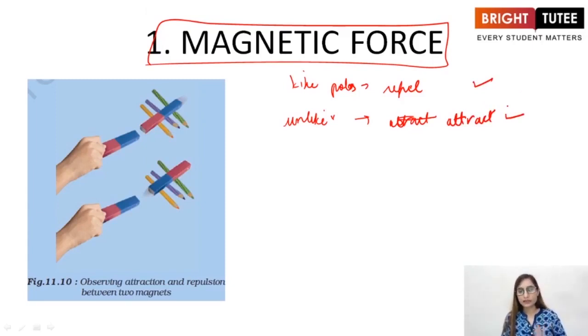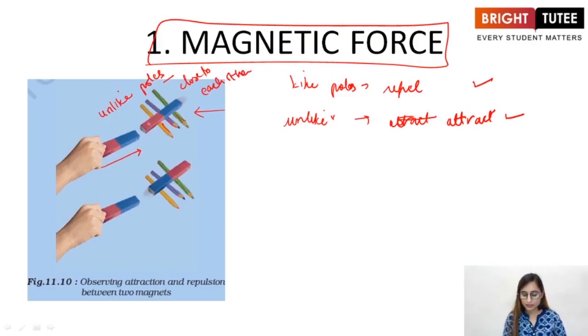So let us perform an activity. You have to take two magnets. You have to put one magnet on three pencils, like in this picture, right? Now you bring another magnet and you bring unlike poles close to each other, right?